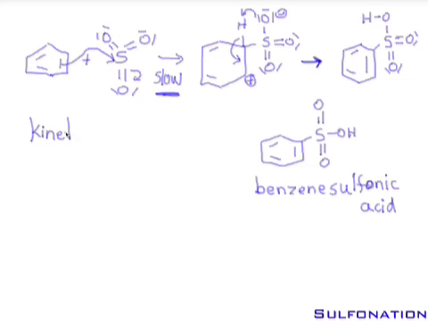A kinetic isotope effect is a slowdown caused by changing isotopes. If we change hydrogen with deuterium, we see a slowdown. But we shouldn't see a slowdown if the second step was faster.